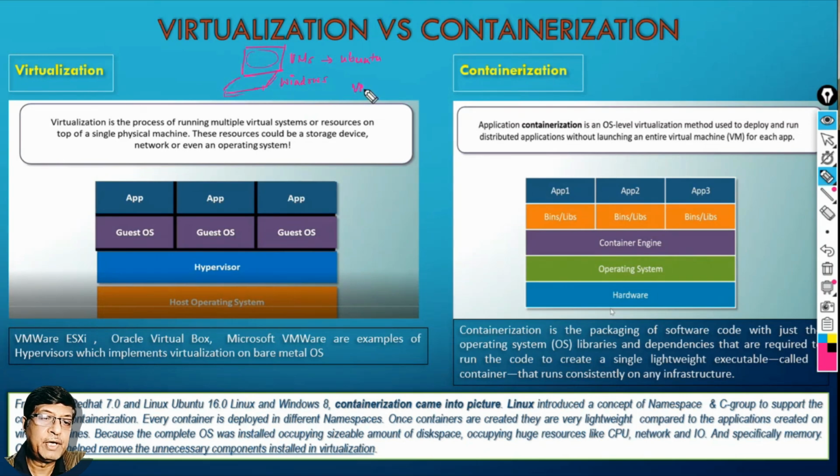Like I can have VMware, VirtualBox. There are many others, like VMware ESXi, Oracle VirtualBox, Microsoft Hyper-V; these are the hypervisors. You install a hypervisor on top of your host operating system, let's say Windows or Mac or Linux.